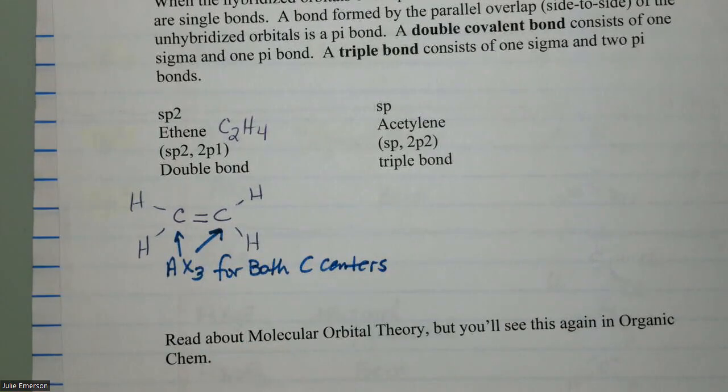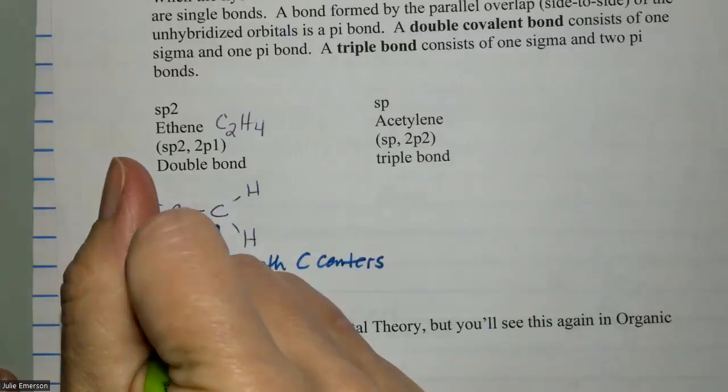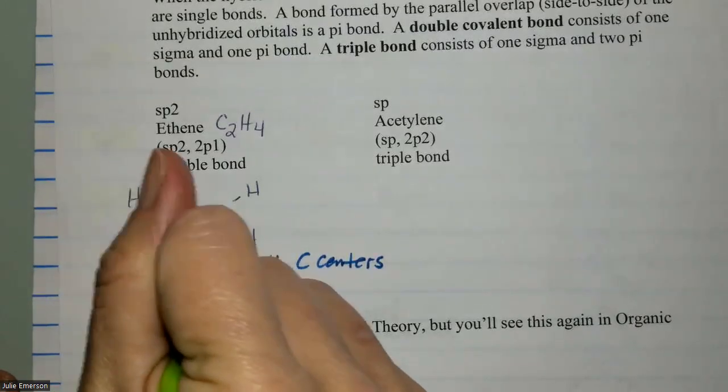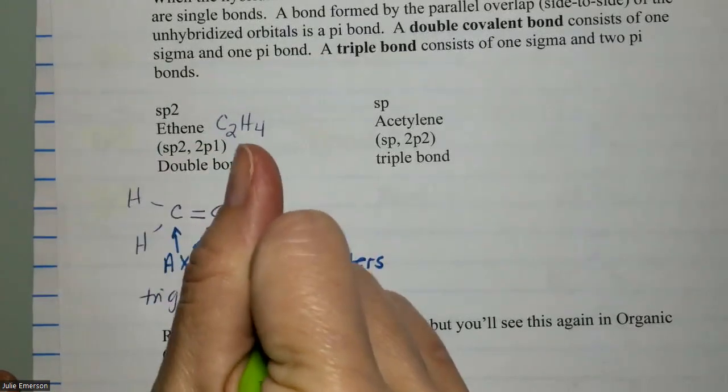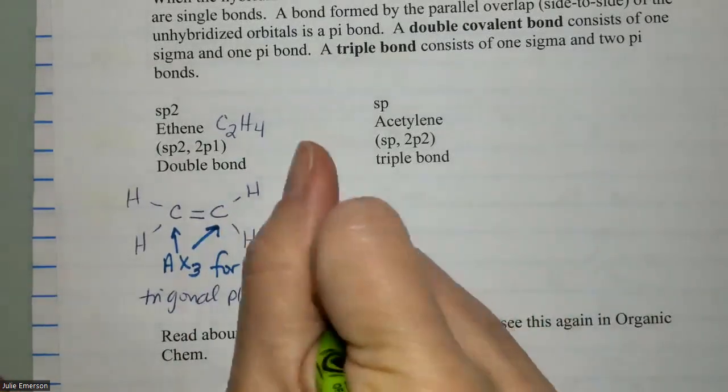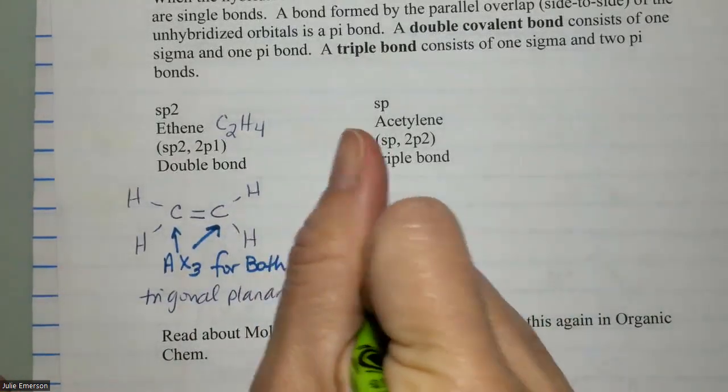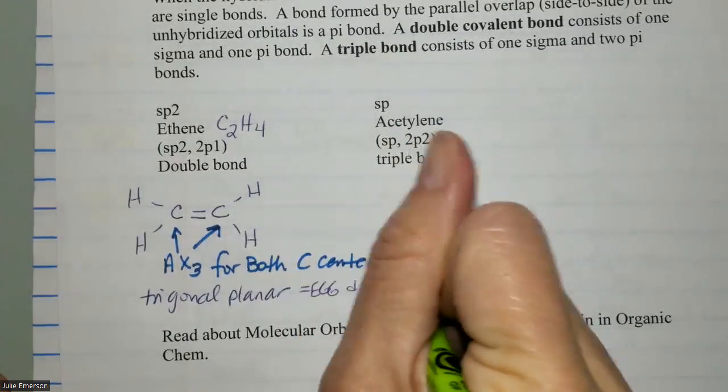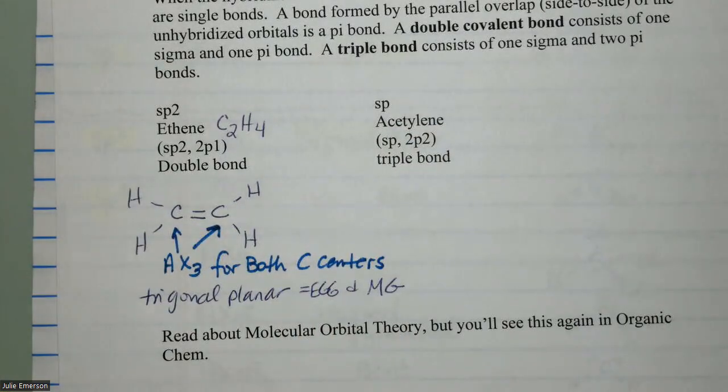All right. So that means that both of those carbons would have a trigonal planar geometry. Now that would be the electron group geometry and the molecular geometry, because there's no lone pair on the carbon. So they're both going to be the same. Orbital hybrid.